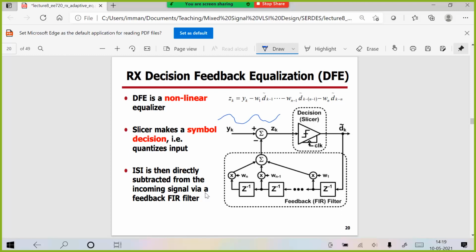What happens is, this is a decision slicer, or slicer as it is called, which is nothing but a comparator. The comparator decides whether it is a 1 or a 0. Now what is here is basically a digital bit. It's either VDD or ground. It has made a decision. It tells you whether it's a logic high or a logic low.